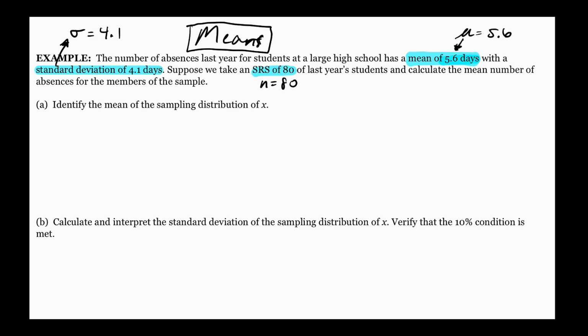Took another 80, find the average of those 80, put them back in the hat. Kept doing that forever and ever. What would the average be of all of those samples? Exactly the same as the population. It would be 5.6. So we say the mean of all of those samples I took would be exactly the same as the population.